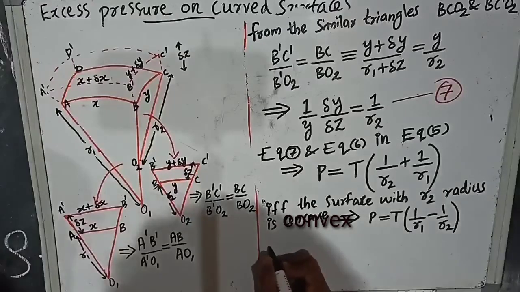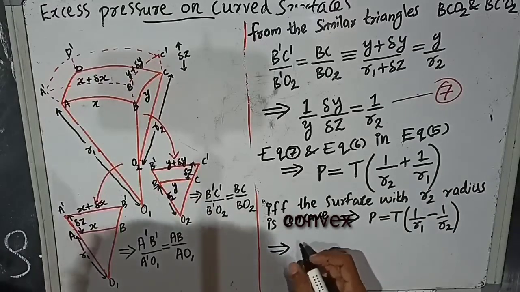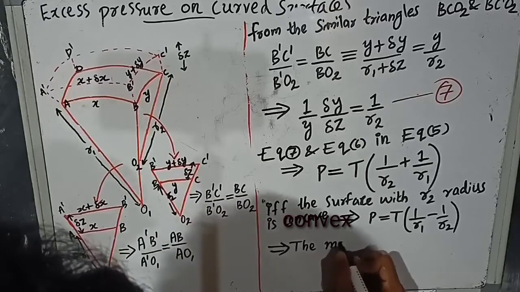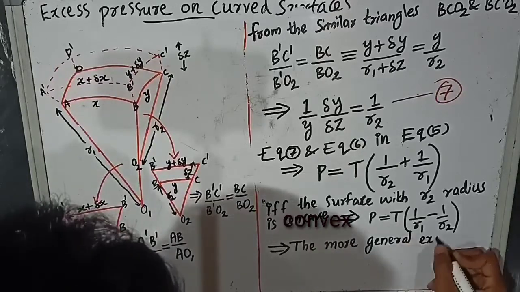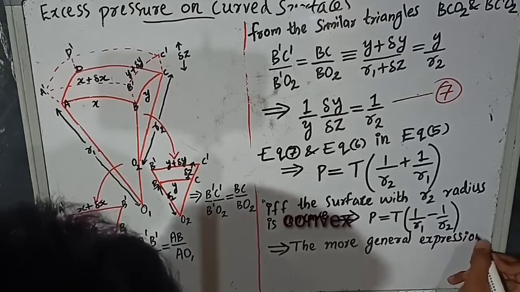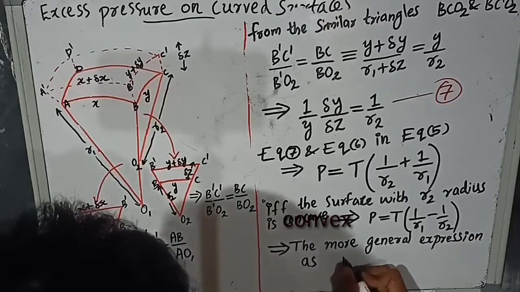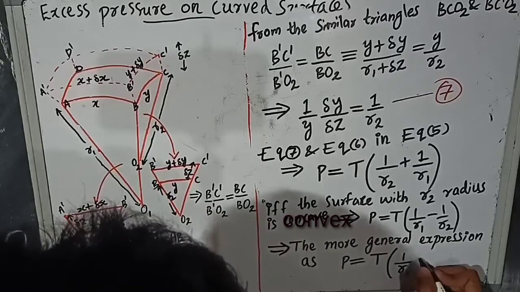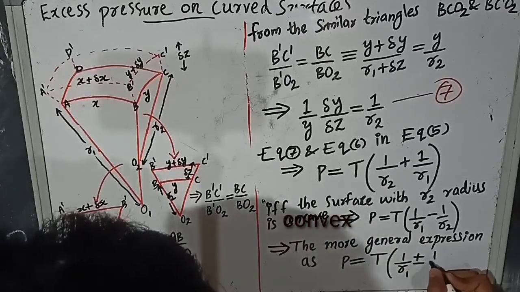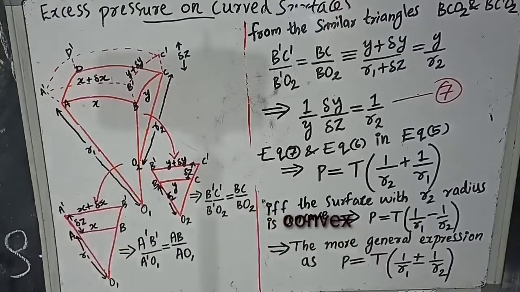So the more general expression for the excess pressure is P is equal to T times 1 over R1 plus or minus 1 over R2.